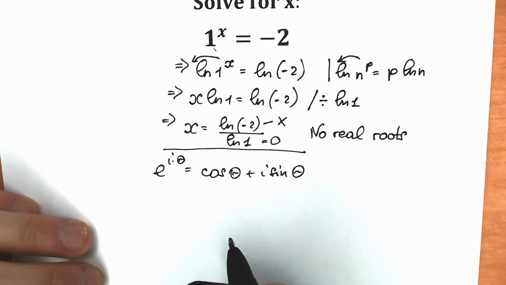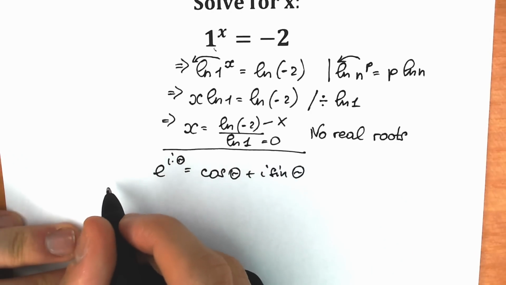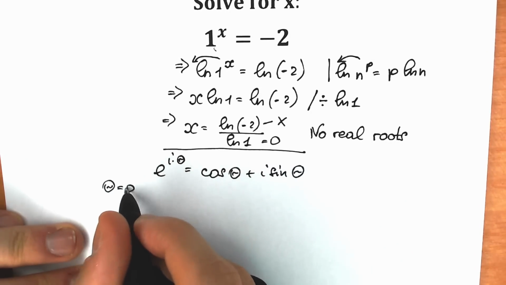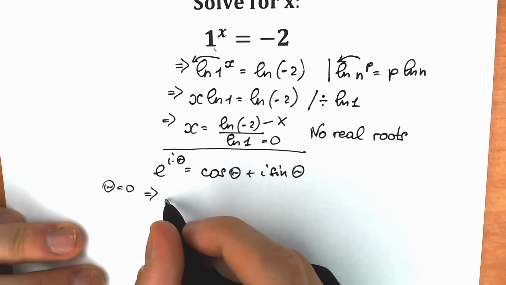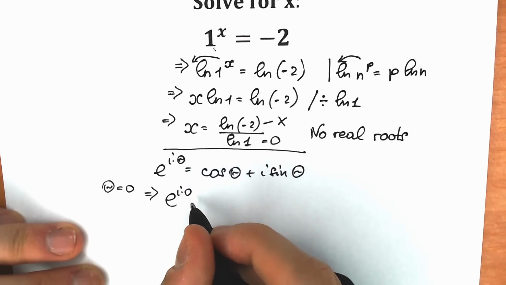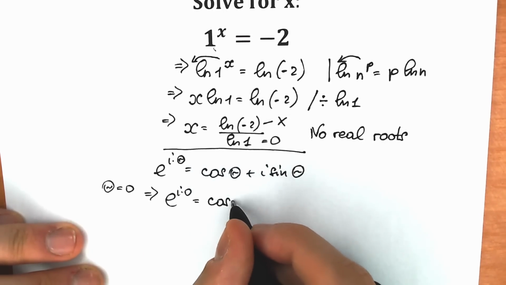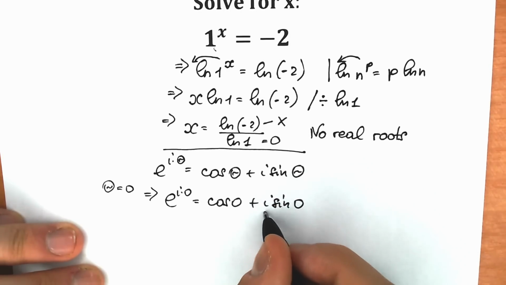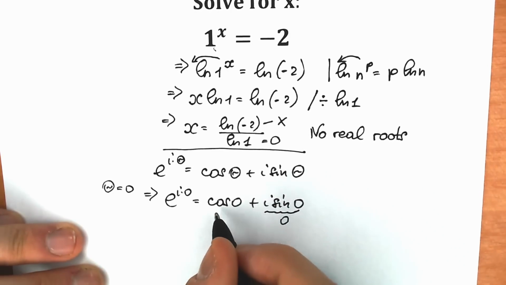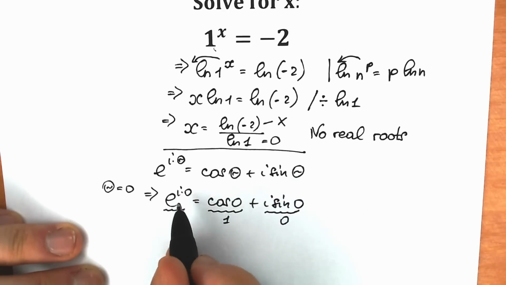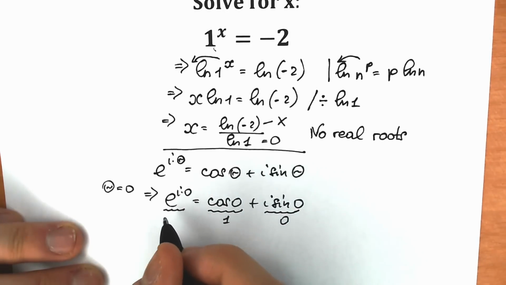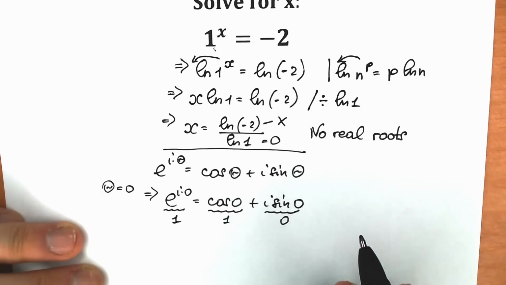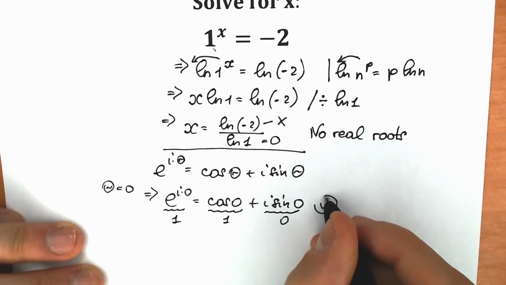For example, we can easily check it. When theta is equal to 0, we have e to the power i times 0 equal to cosine 0 plus i sine 0. This one equal to 0, this one equal to 1 because cosine 0 equal to 1, and on the left side we have e to the power 0 equal to 1. So as you can see, this is a correct identity.